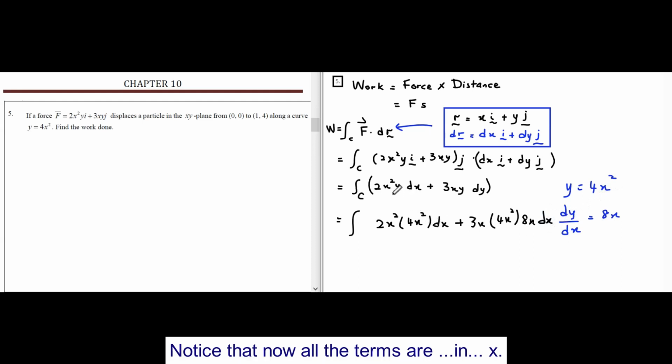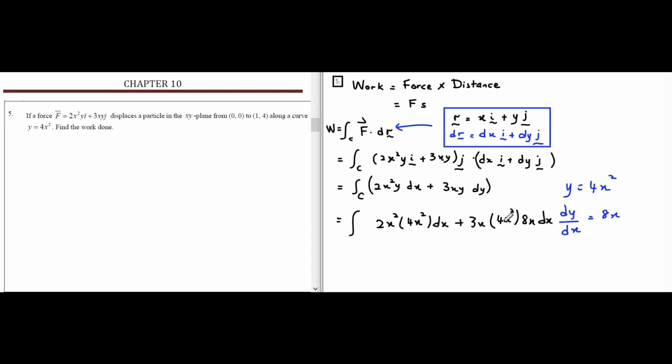Notice that now all the terms are in terms of x.